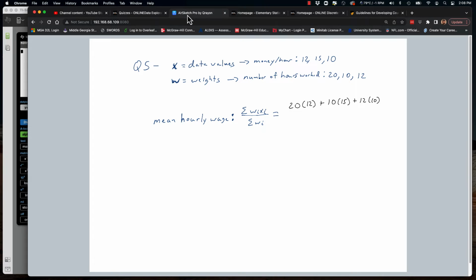All right, and then we divide that, whatever that comes out to be, by the sum of the number of hours that she actually worked, so 20 plus 10 plus 12. If we get that, let's throw that into our calculator here.